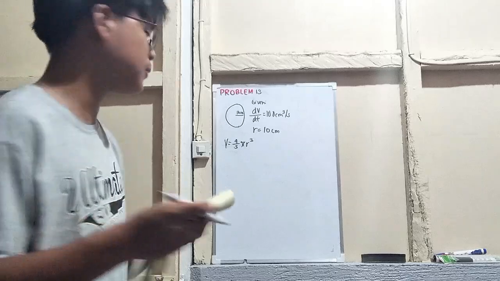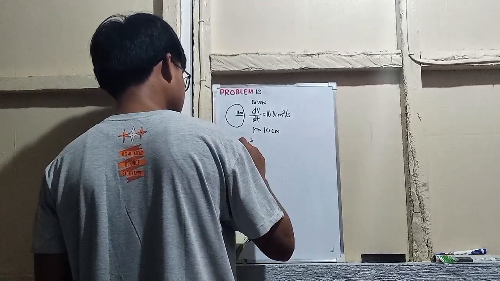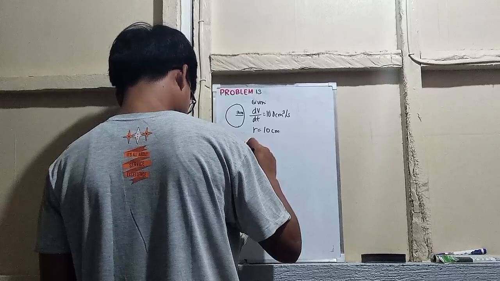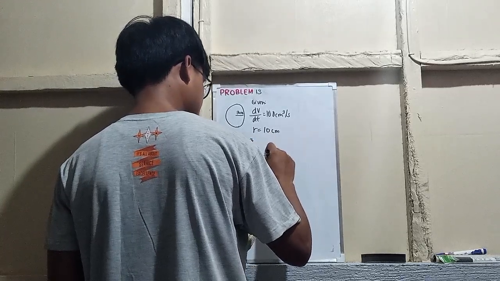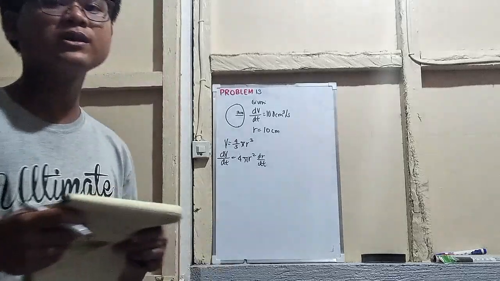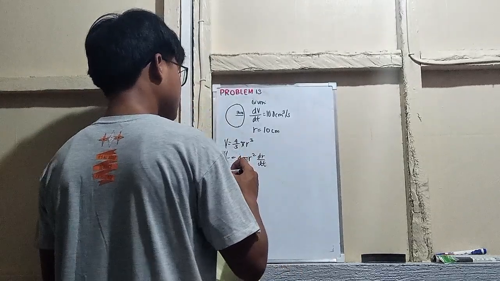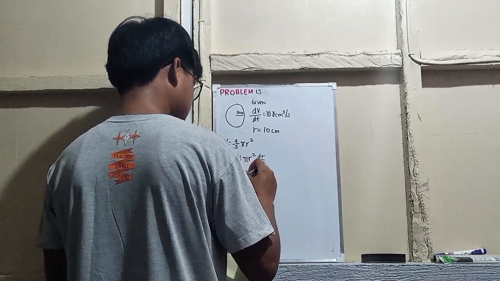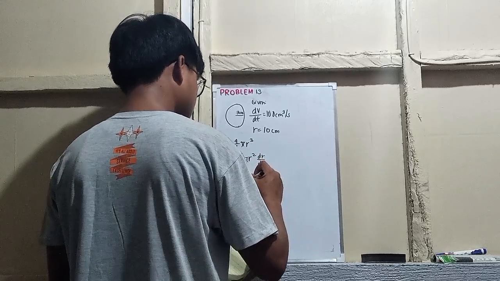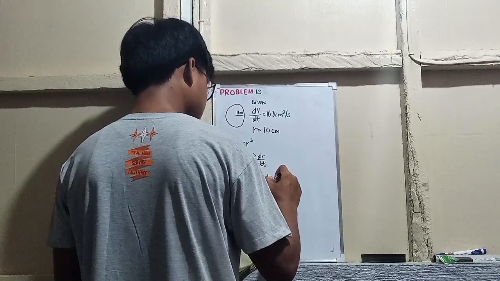Now we will differentiate the formula, so we will get the dV/dt, then 4 pi r squared dr/dt. Then we will substitute the given into the formula. So dV/dt is equal to 100, then our 4 pi and our r is equal to 10 squared dr/dt.